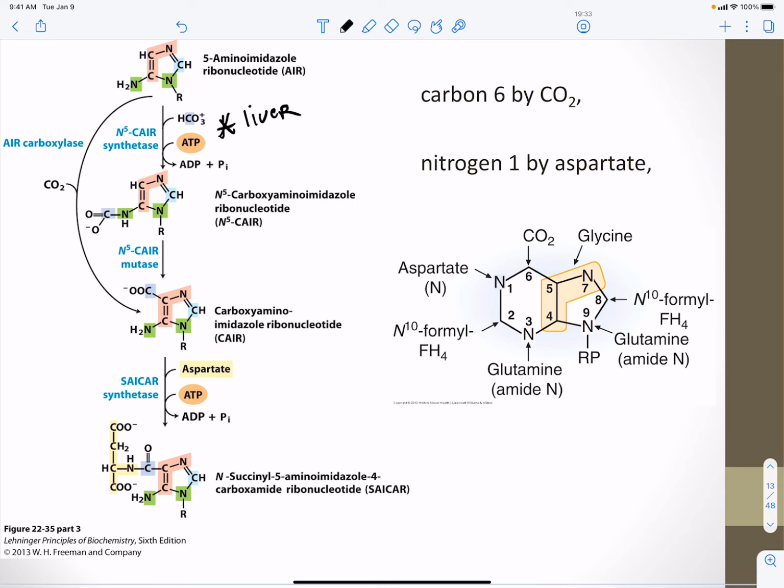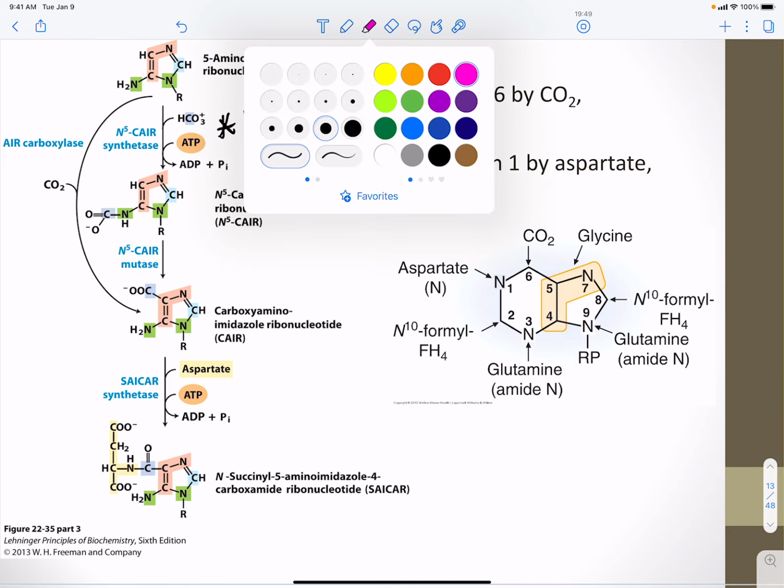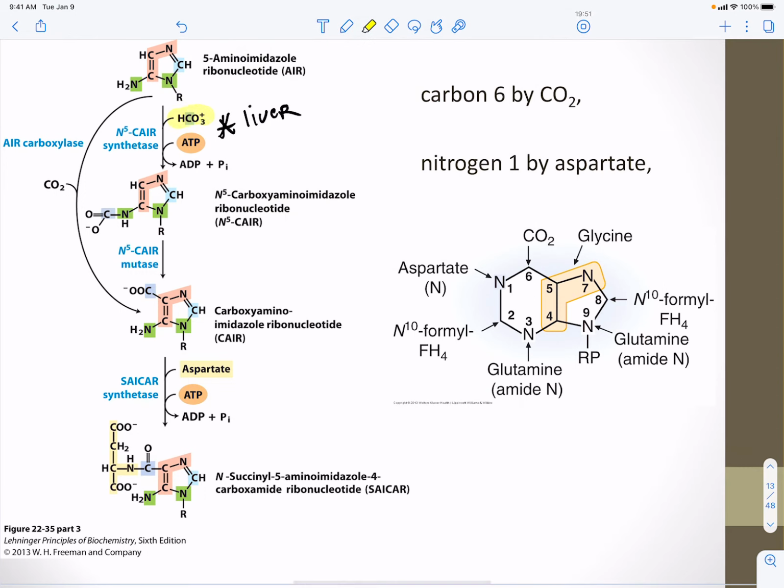Our route is going to be using the N5-carboxyaminoimidazole ribonucleotide synthase, and then the N5-carboxyaminoimidazole ribonucleotide mutase. We're adding a carbon from, in this case, bicarbonate, and so that's going to be our carbon 6 that's going to form, so that's this one right here.